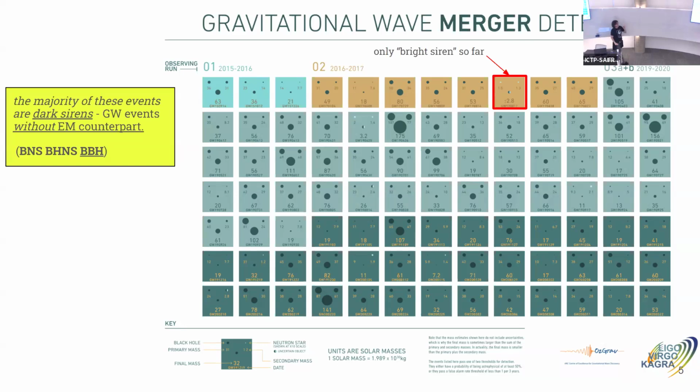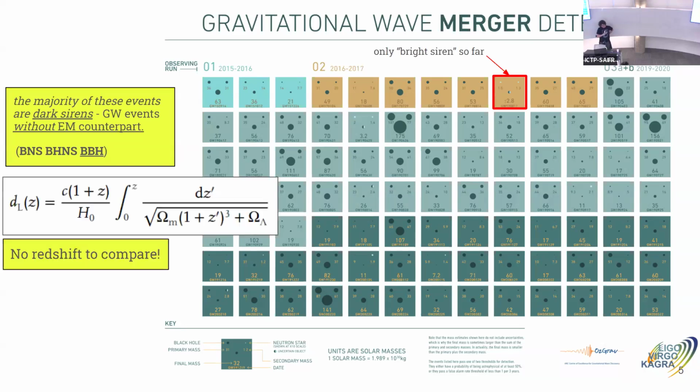And in fact, the only what we call bright siren, where we have an electromagnetic counterpart, is this red box right there, which is a binary neutron star where we detected a kilonova about 1 second after the gravitational wave event.